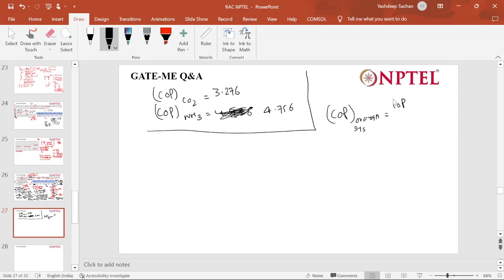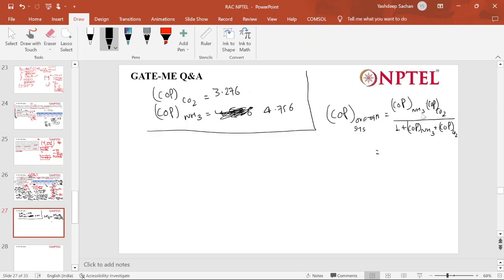COP of NH3 into COP of CO2, then 1 plus, upon, 1 plus COP of NH3 into COP of CO2. COP of NH3 plus or into? Plus, sir. Plus na? COP of CO2.